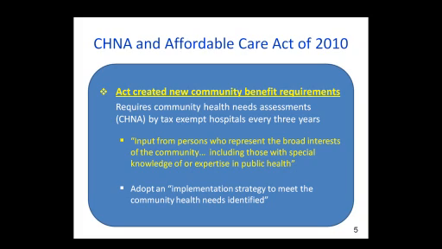So first off, many of you, or most of you, are probably very familiar with what's on this slide. It's just a very quick statement of some of the requirements in the Healthcare Reform Act that hospitals conduct needs assessments, and a statement of the fact that they need to be done with some input from those with public health expertise, and that there must be an implementation strategy to meet the needs identified.